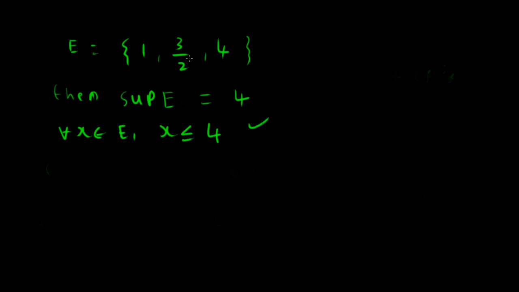And also, if there's another upper bound, it has to be bigger than or equal to 4, right? So if D is an upper bound for E, then D is greater than or equal to 4. So we've found the supremum is 4. It's the smallest possible upper bound. Okay?